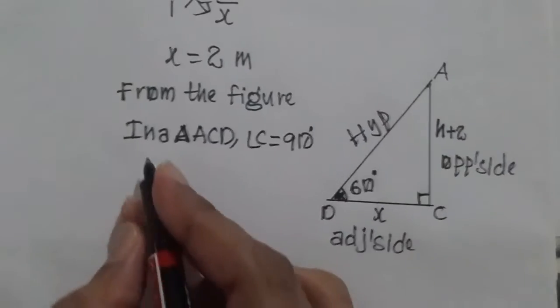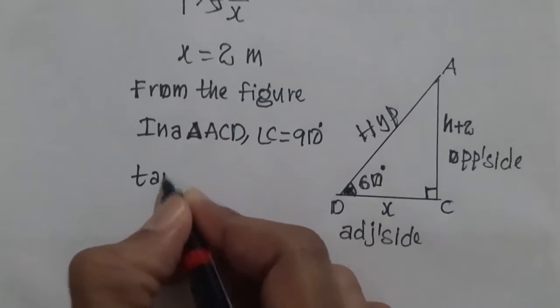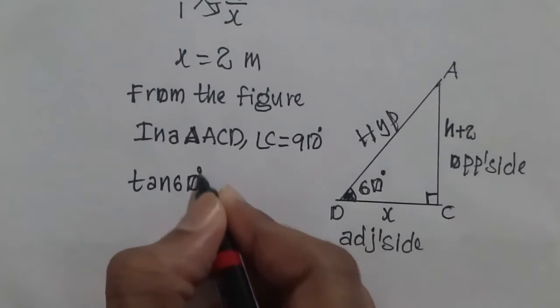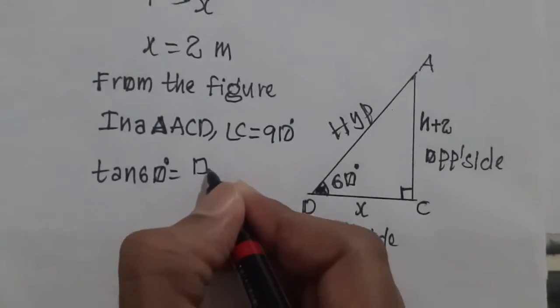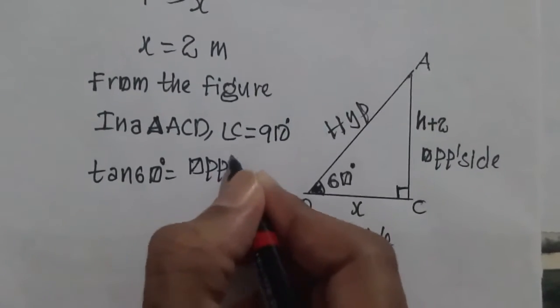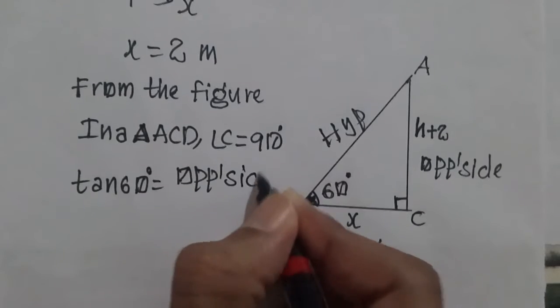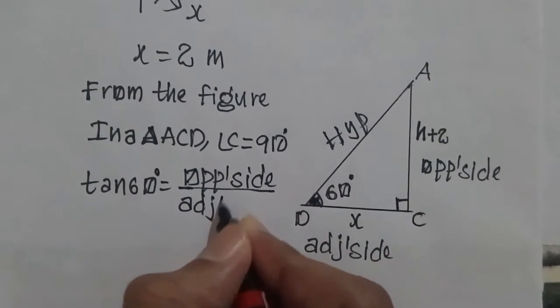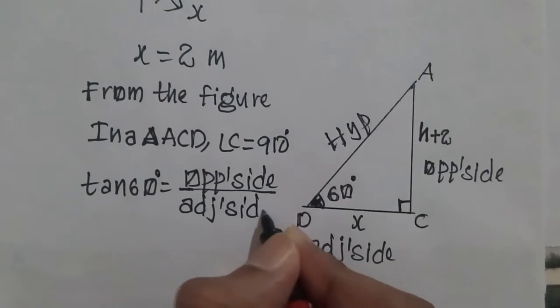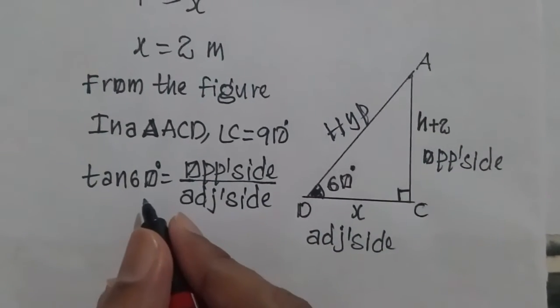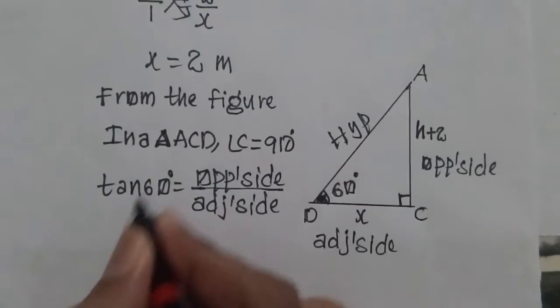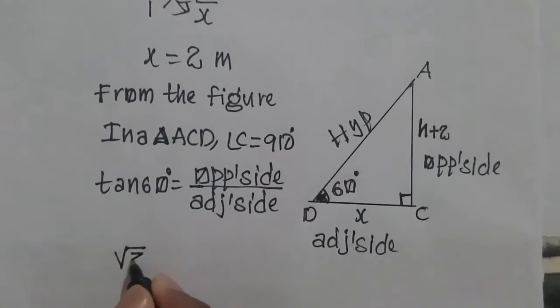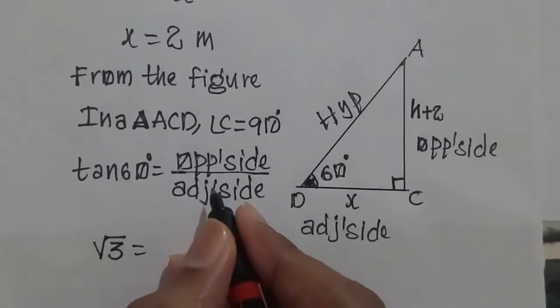Now tan 60 degrees is equal to opposite side by adjacent side. Tan 60 degrees is equal to root 3, where opposite side is equal to what?